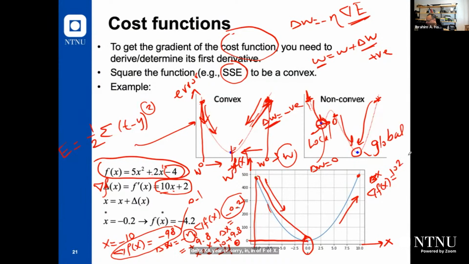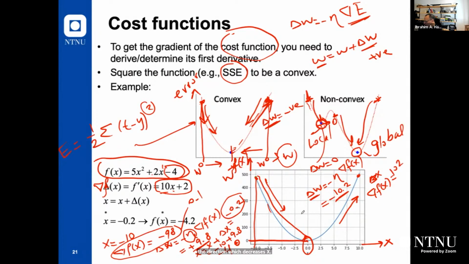102, which is positive. So in this case, delta omega will be minus eta multiplied by this value. So it will be, for example, minus 10.2. So now delta omega is negative, but here delta x is positive. In that side, it's negative because I need to move in the direction which decreases x, because here x is 10.